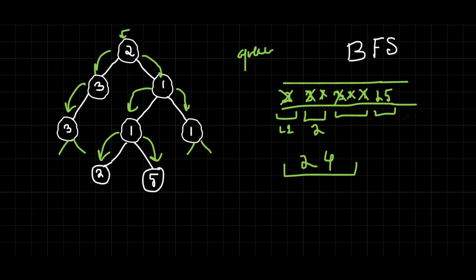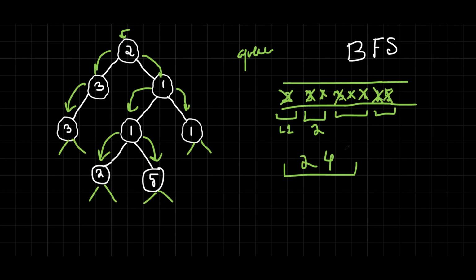And here, what is the front element of the queue? 2. So let's remove it from the queue. It does not have any left or right children, so we don't have to add anything into the queue. Similarly, for the node 5, it is the front element, and we will remove it, but we don't have to add anything to the queue because it does not have any left or right children.